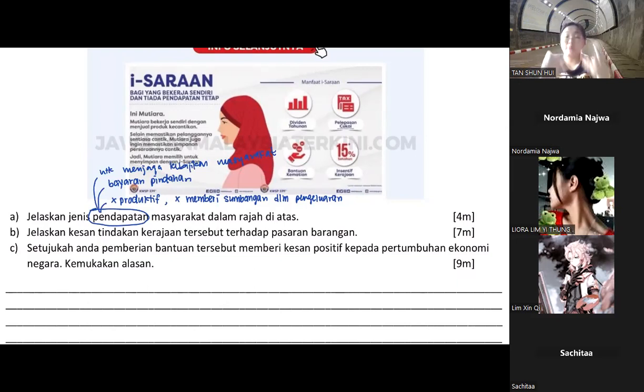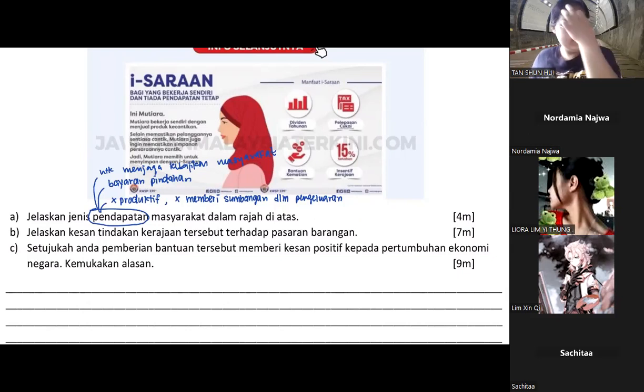Can untuk mengurangkan beban masyarakat, beban sara hidup, or beban cost sara hidup, living cost burden. Can. Good. Good. You got a point, right? Reduce the burden. Okay. Can ya?